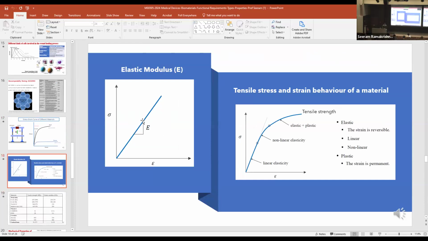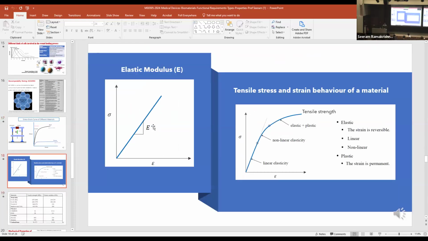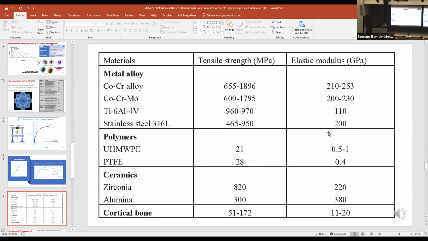In this case, we look at the initial part of the stress-strain curve and its slope, and we call that the elastic modulus. The tensile strength is the end point at which the sample fails, and the strain at which it fails we call the failure strain. These are simple parameters, characteristics of a material. So we put that aside.